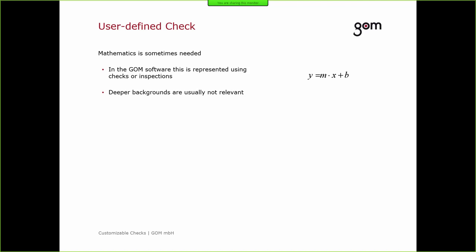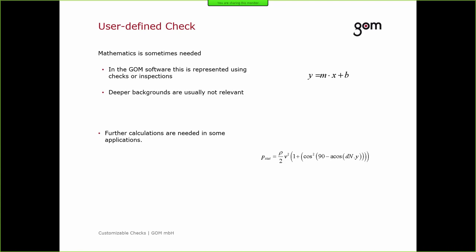So, if you use our software, you use mathematics every day. It's your everyday work. You use it to check all your relations. And now, maybe if you want some deeper mathematics here, we decided to implement the user-defined checks, as we call it.